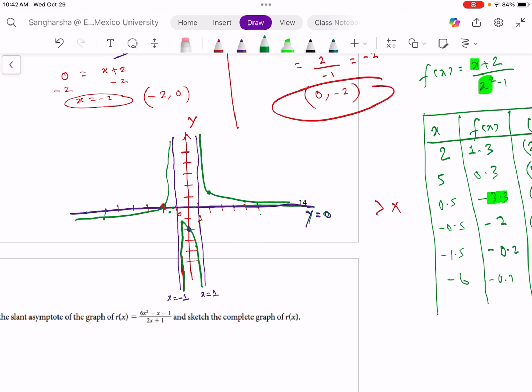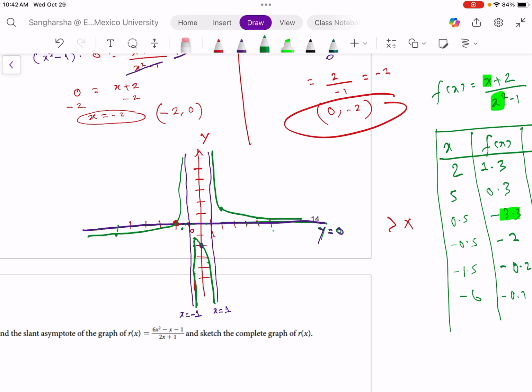And I will give you an easier function to graph than this one, a rational function. But when you graph a rational function, make sure to find the horizontal asymptote, vertical asymptote, then the x-intercept and y-intercept, and make a table.